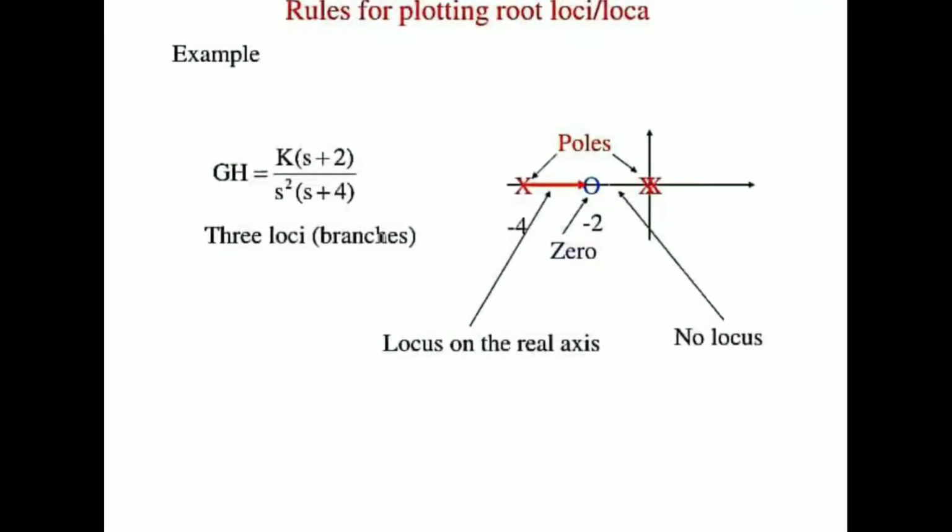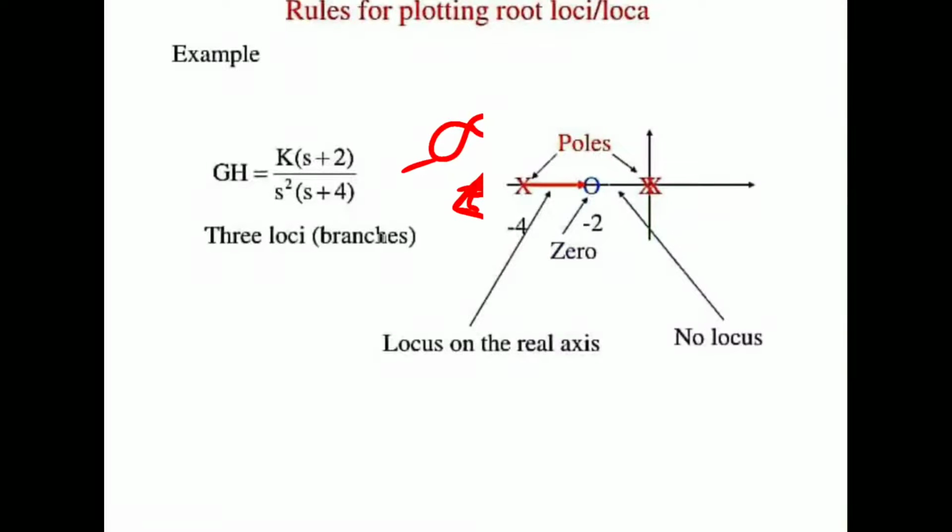For this example, K into (s plus 2) divided by s square into (s plus 4), there are two poles at the origin, one zero at minus 2 and one pole at minus 4, and there is a minus infinity there. So the last segment is minus infinity to minus 4.